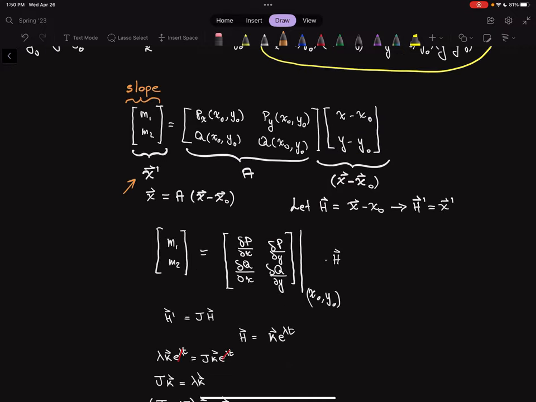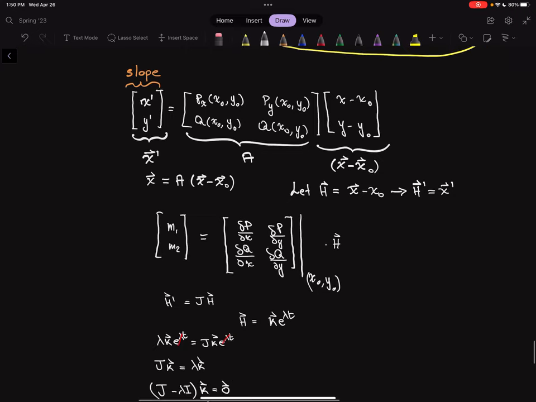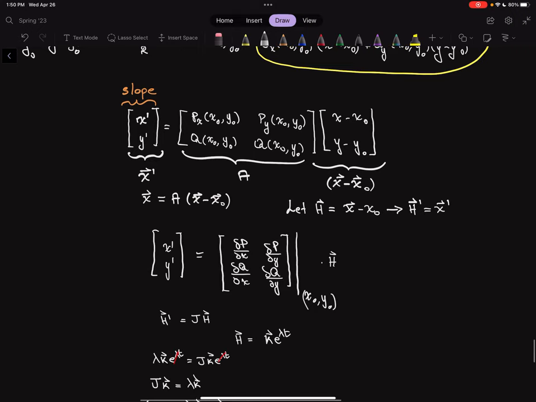And to do this, I would have to say, actually, that this is x prime and this is y prime. And now we can say that. And so this is x prime, y prime. And then I notice that this is equal to this matrix system right here.